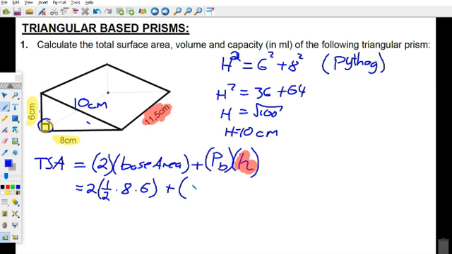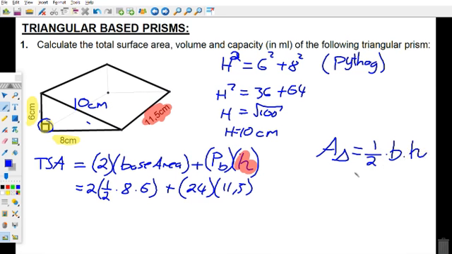I was questioning you guys. 24. And my height is going to be 11.5. Where did I put a half? Here, because my base shape is a triangle. And the area of a triangle is half times the base times my perpendicular height. So that's where that half is coming from.